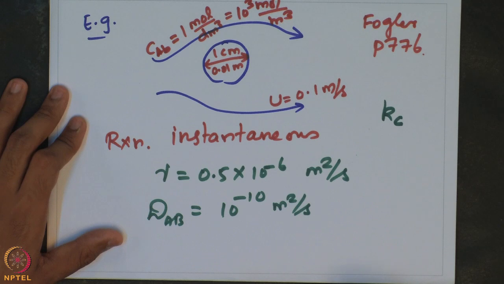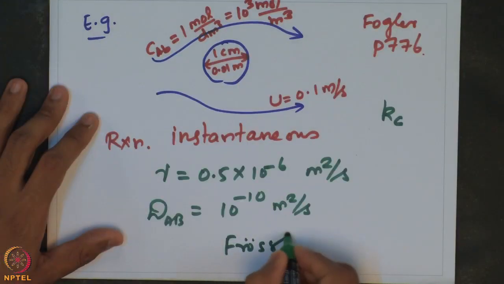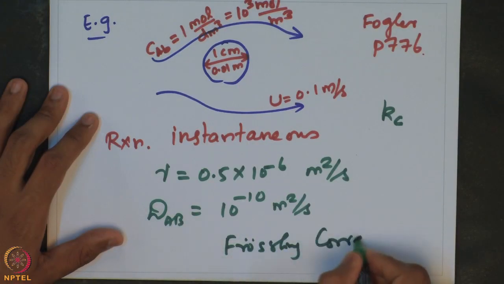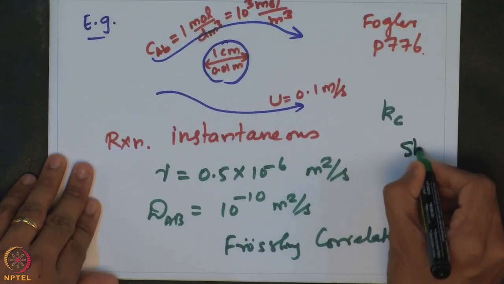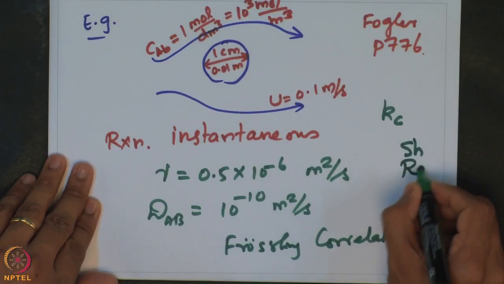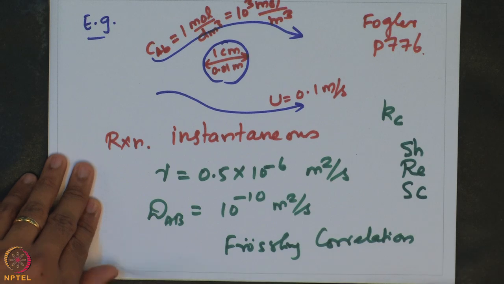So, we need to find out the mass transport coefficient Kc. How do we find this? We know that there is a correlation relating the Sherwood number, which captures the mass transport coefficient, to the Reynolds number and Schmidt number. So, let us use the Froessling correlation. In order to use it, we need to find the Sherwood number, the Reynolds number, and the Schmidt number.